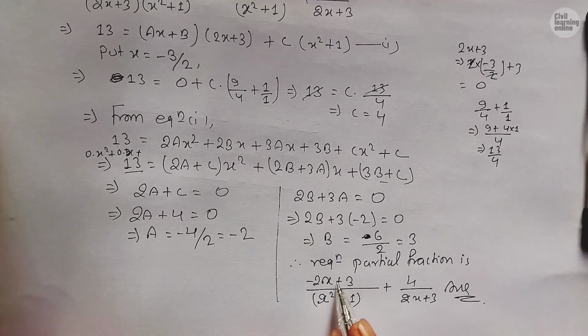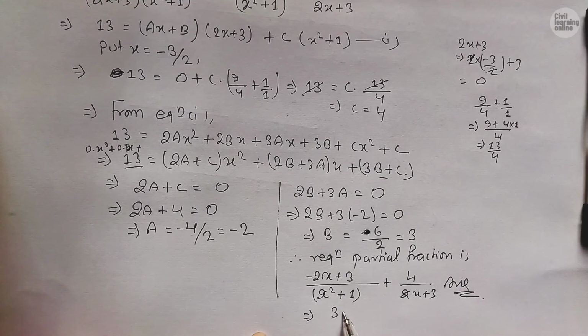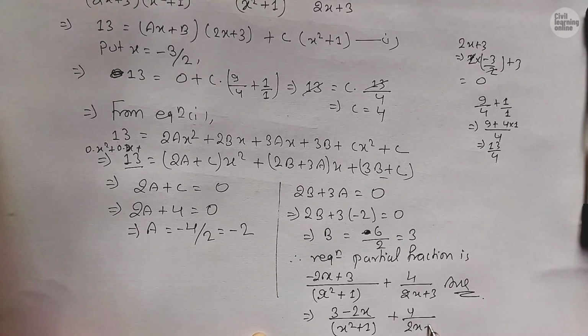You can rewrite it as 3 minus 2x upon x square plus 1 plus 4 upon 2x plus 3. So you can leave up to here also, or you can write one more step, that is up to you.